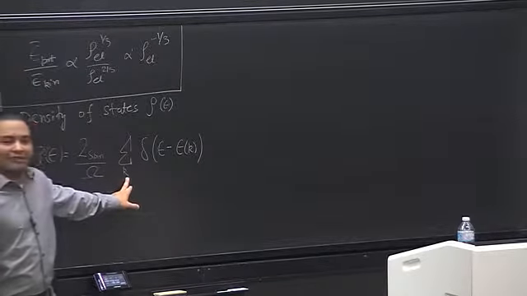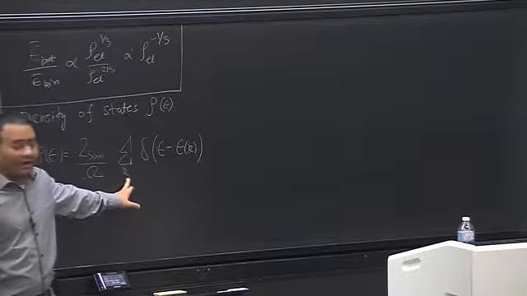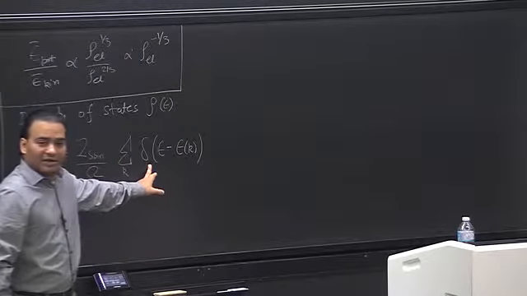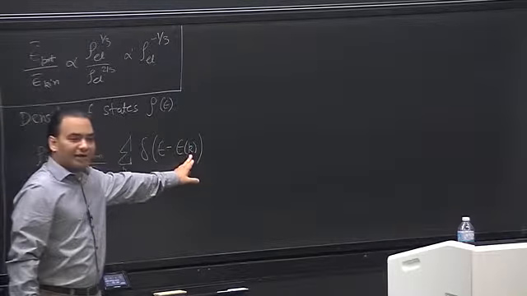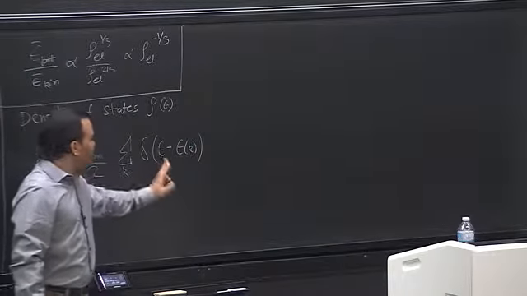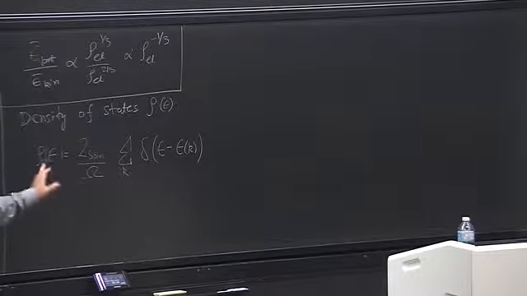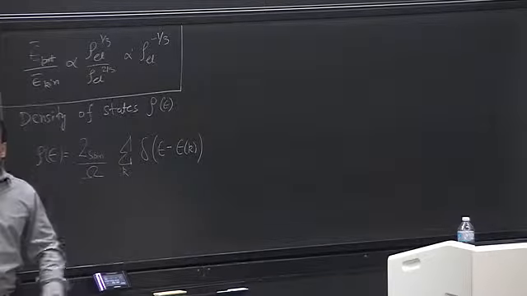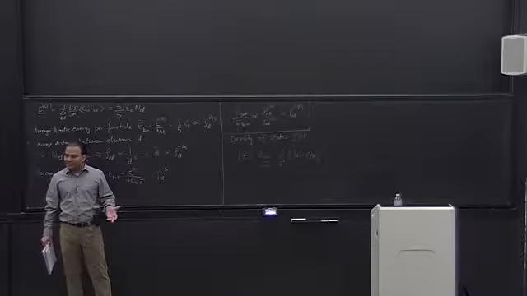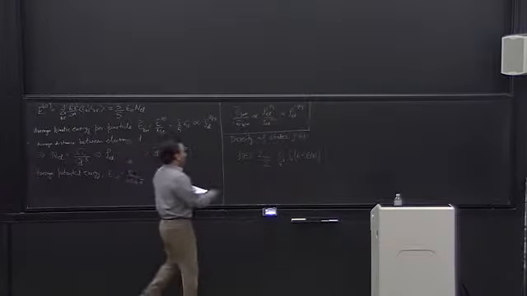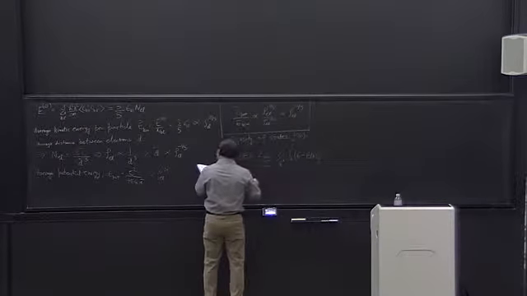You add all values of k, and this delta function contributes only when the energy corresponding to that value of k is E. So this is really giving you the number of states available for occupation at a given energy E per unit volume.